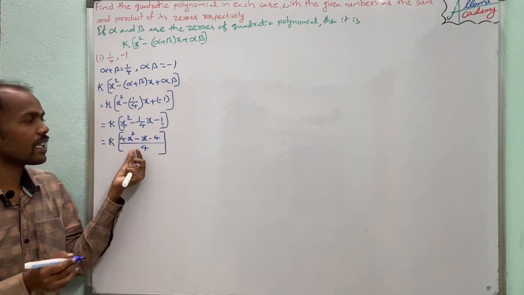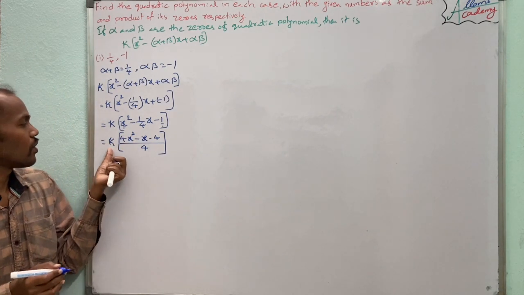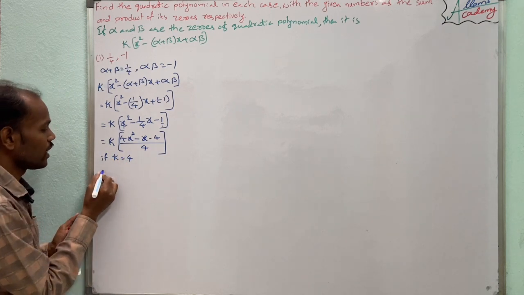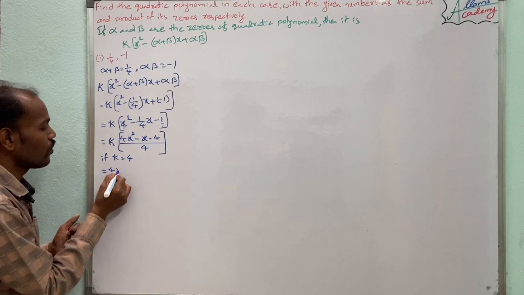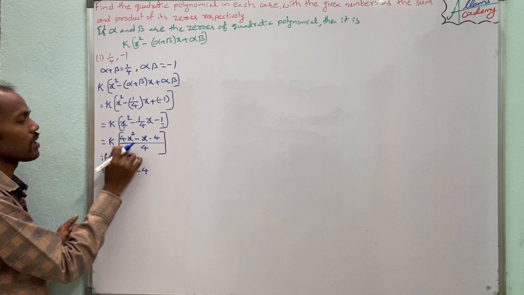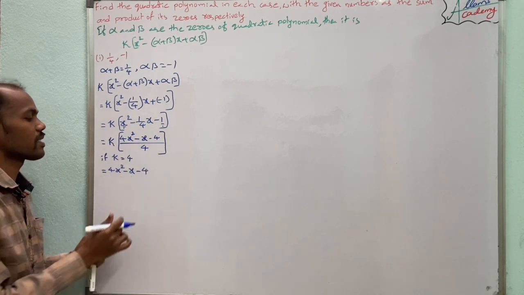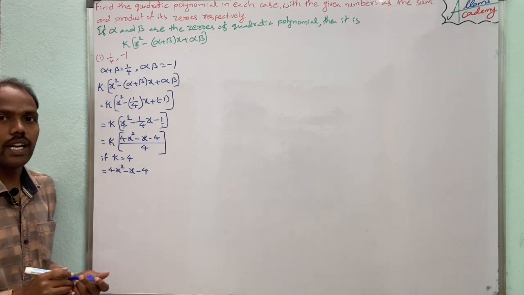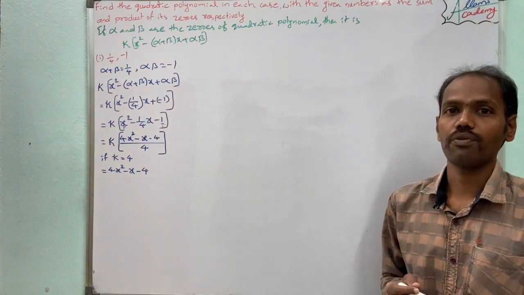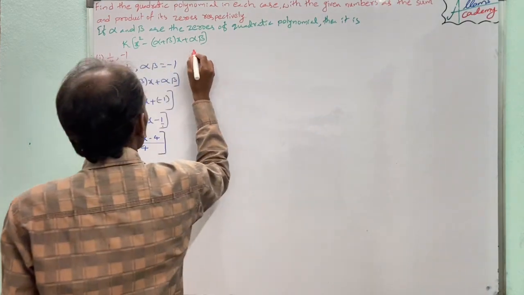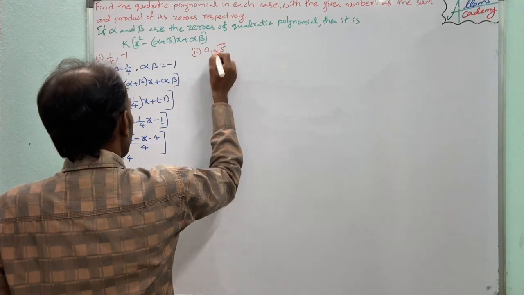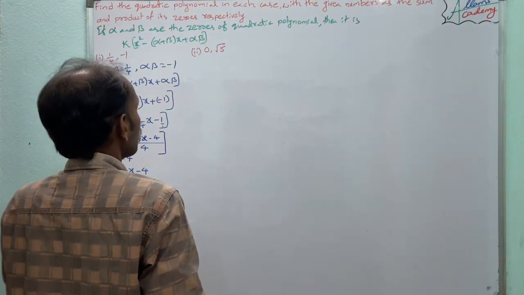Okay, and here the denominator is 4, so we take k equal to 4, then the polynomial is 4x square minus x minus 4. Why? Because 4 into 1 by 4, both get cancelled, so the quadratic polynomial is 4x square minus x minus 4.